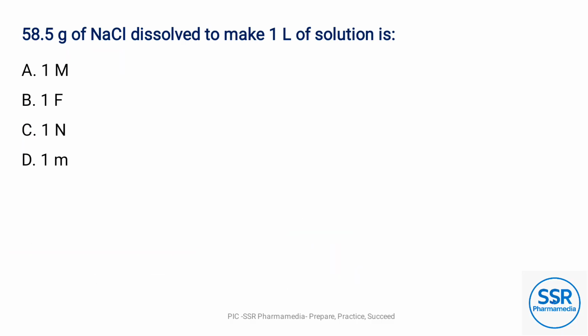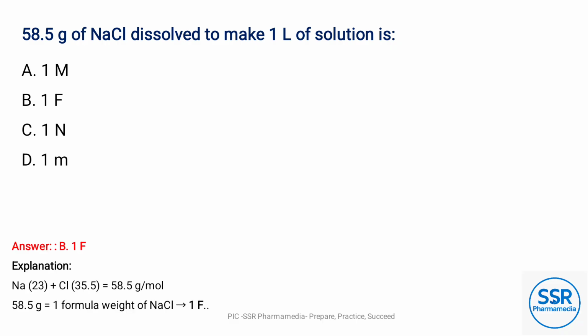58.5 gram of sodium chloride dissolved to make 1 liter of solution. So it is called, so option B. 1 formality solution. So option B is the correct answer.